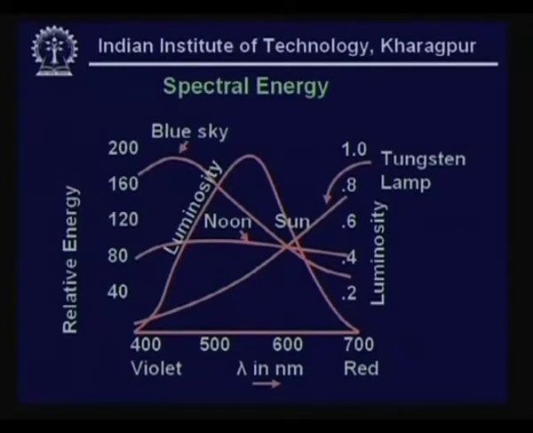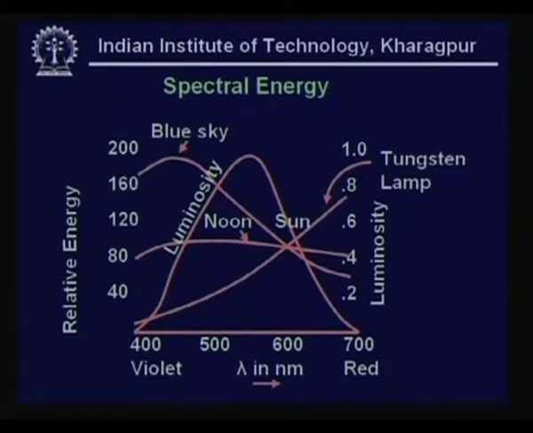On the other hand, that due to blue sky is peaking around somewhere between 400 to 500 nanometers, whereas that due to tungsten lamp peaks around the red. It is increasing from violet up to red.